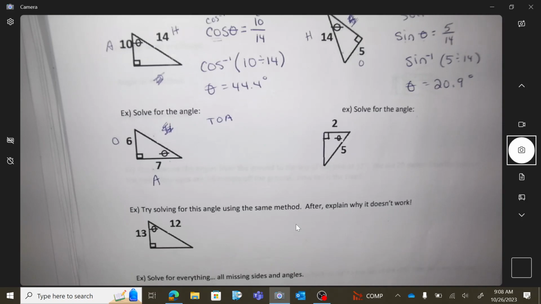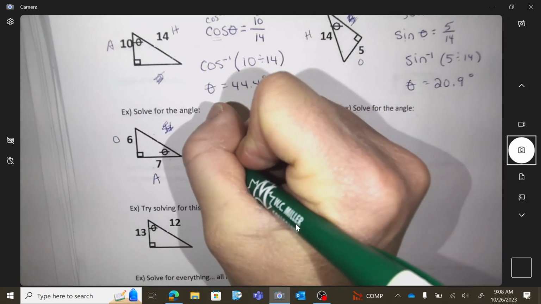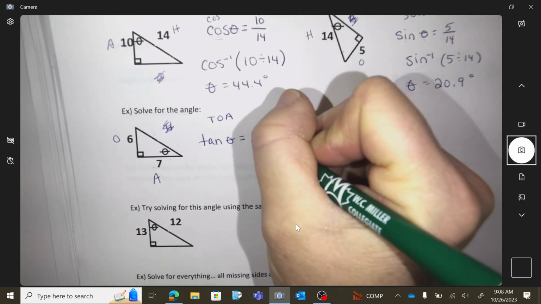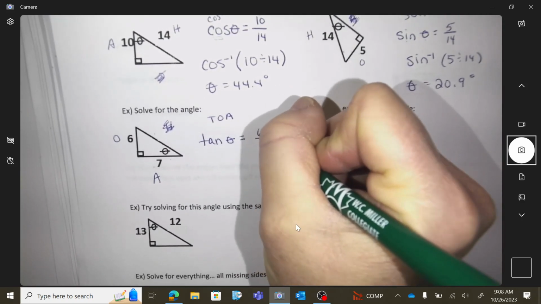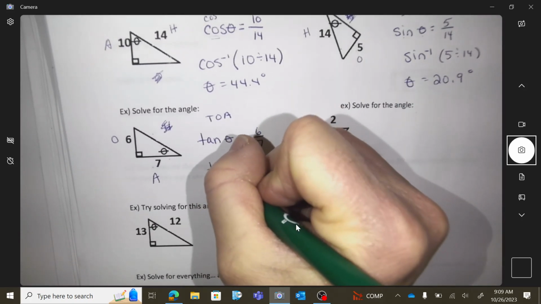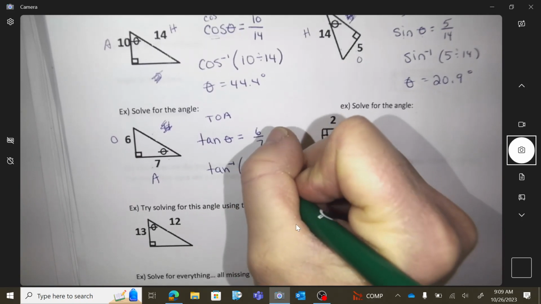So I'm going to work with tan function. So the tan of the angle equals what trig value? So O over A means 6 over 7. So to get the angle alone, get the tan out, you're going to go with a tan inverse.